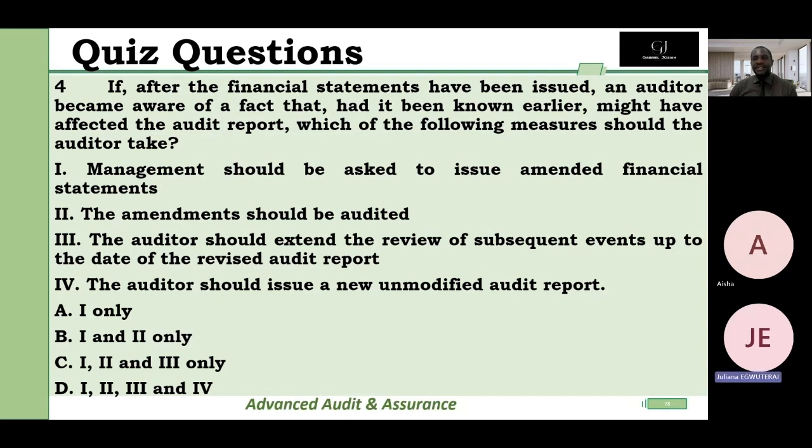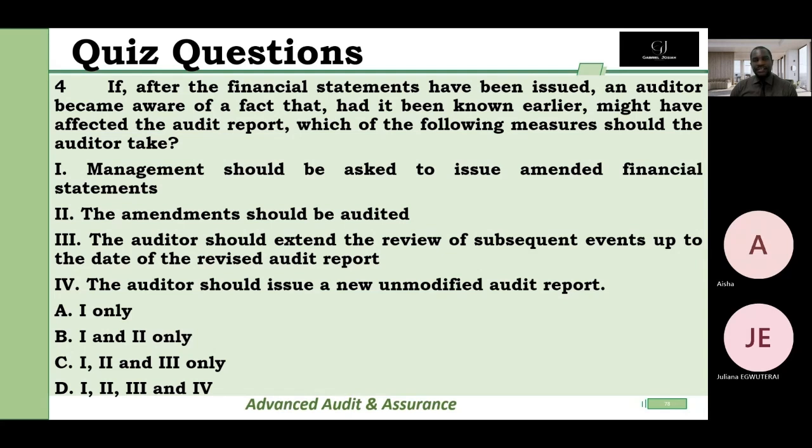Okay, so if the financial statements are published, the answer is C, 1, 2, and 3, and A picked that. Management should ask to issue an amendment of financial statements. So the option that is incorrect is the auditor should issue a new unmodified report. The auditor should issue a new modified audit report, and we spoke to that in the lecture. So that unmodified was what I guess confused you.